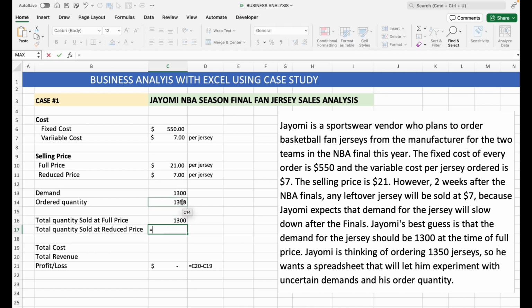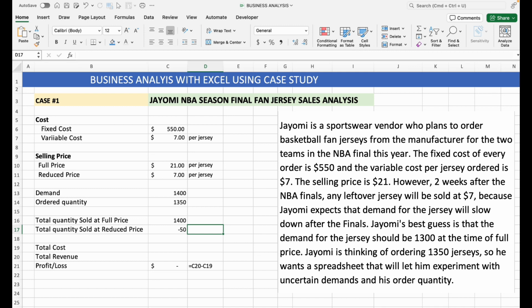What if the demand is now higher than the ordered quantity? Let's assume the demand is 1,400, because what he wants in his question is an experiment, a spreadsheet that he can use to experiment with a certain demand and his ordered quantity.